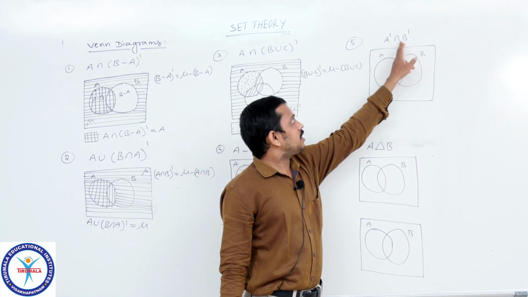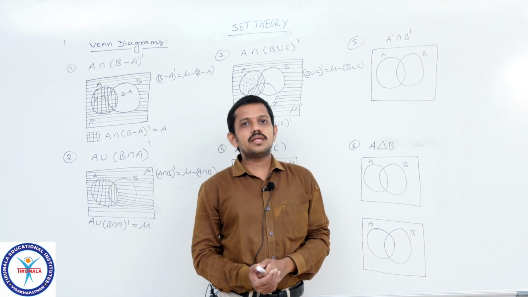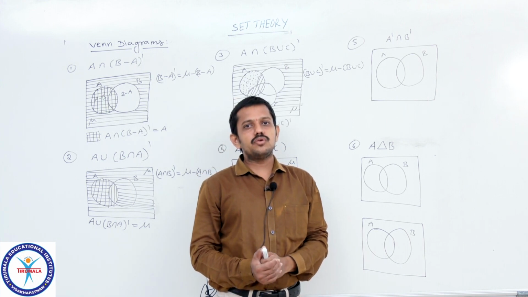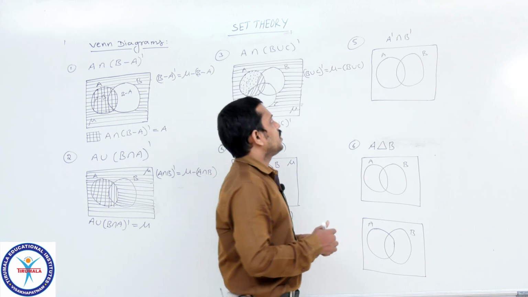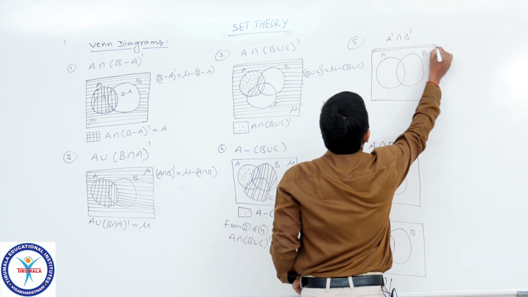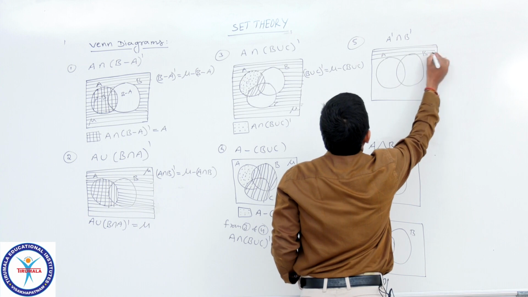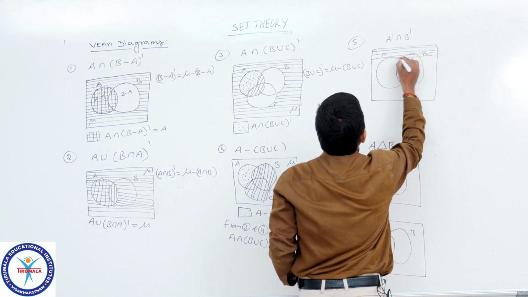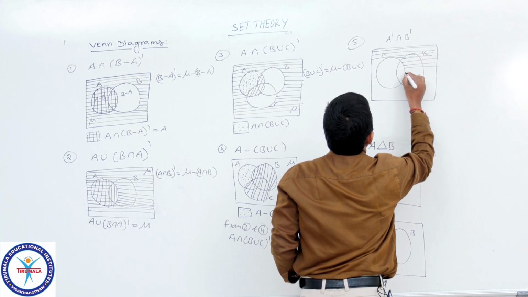A complement intersection B complement. What is A complement? The region belonging to the universal set which does not belong to set A. Means A complement, here this is the region for A complement. Excluding A, we will shade the remaining all area.